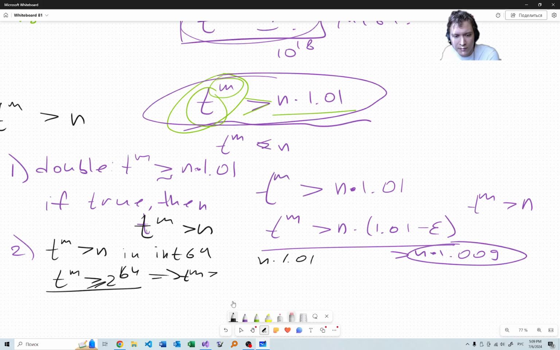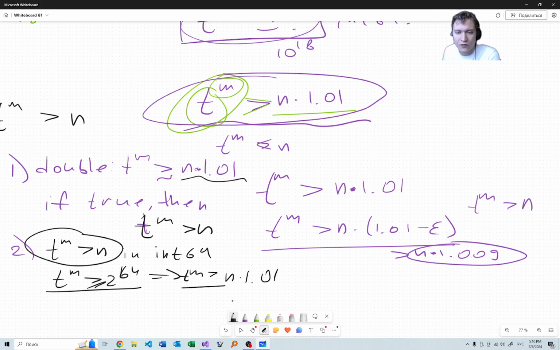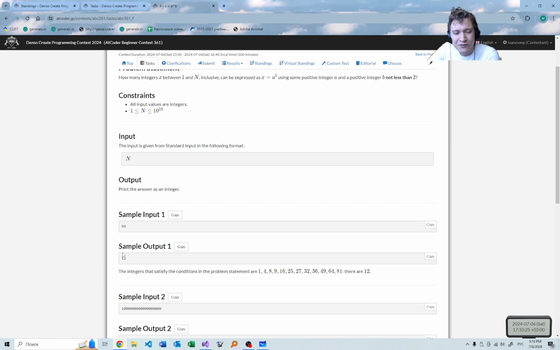So if t to the power m is at least 2 to the power 64, then obviously t to the power m is greater than n times 1.01, as it's written here. So this is impossible, and we can just do it in integer 64. That's basically it. And in the end, don't forget to add 1 to the answer.